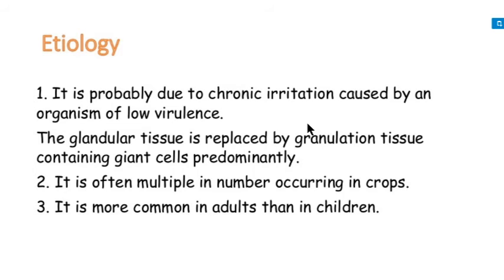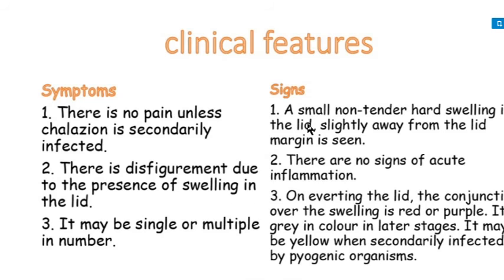The etiology is chronic irritation caused by an organism of low virulence. The glandular tissue is replaced by granulation tissue containing predominantly giant cells. It is often multiple, occurring in crops, and is more common in adults than in children.